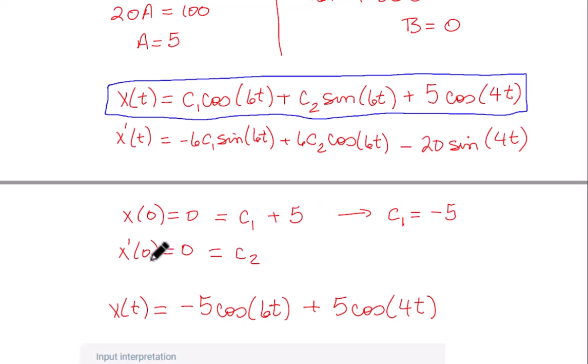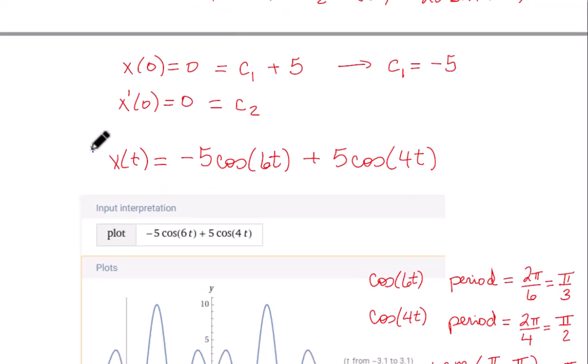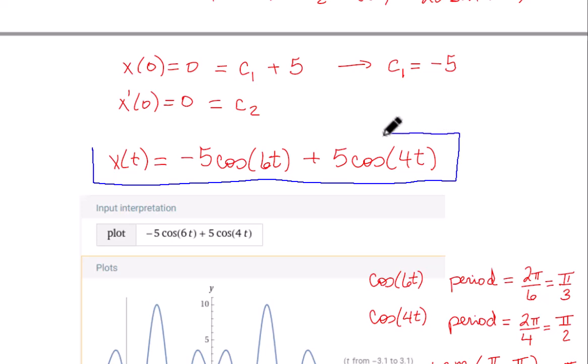And if I plug in x prime of 0 is 0, again, the sine parts are all missing. So I only have this one piece. And since it's 0, that says C2 is 0. And so if I plug in what my solution looks like, it looks like minus 5 cosine 6t plus 5 cosine of 4t.